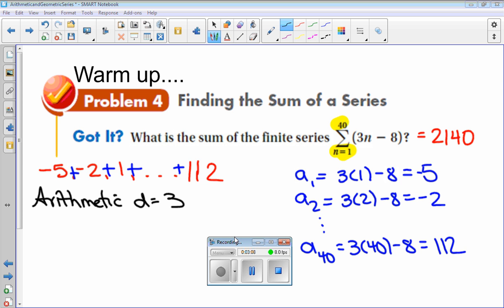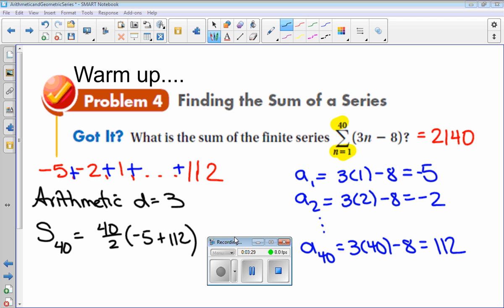Well, you have a formula for this as well, in case you need it, that the sum of the first 40 terms in an arithmetic sequence, or series, sorry, is down here. We have 40 divided by 2, the first term, plus the last term. Let's see if we don't get the same answer as 2,140.